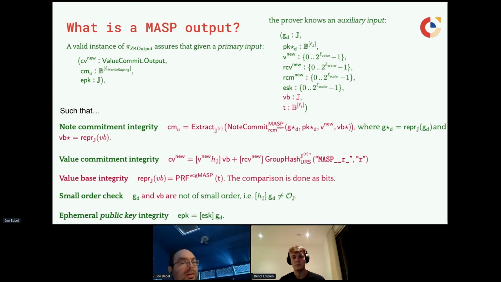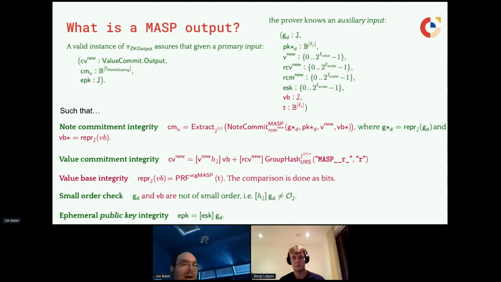So how do we prohibit this? We say the prover cannot witness an arbitrary asset generator. It has to actually witness that this asset generator came from an asset identifier.